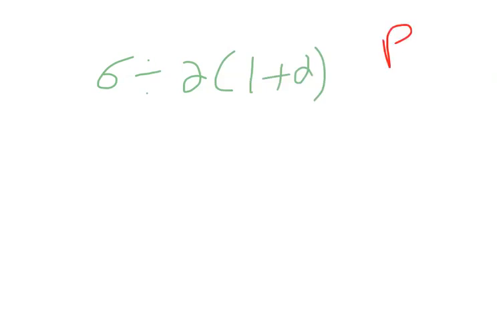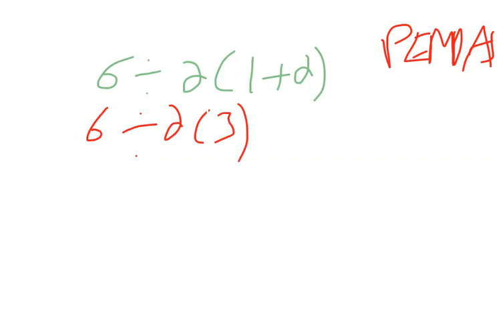All right, this is an interesting problem. I think it doesn't look like it, but 6 divided by 2 times 1 plus 2. All right, again, PEMDAS will always come into play in these situations. Okay, let's do the parentheses. So 6 divided by 2 times 3. So what do you do now?